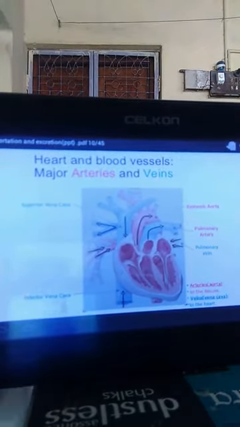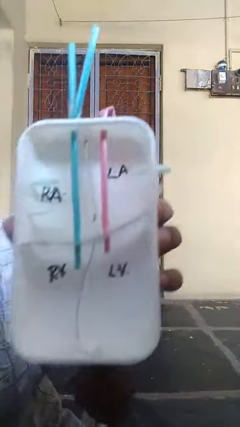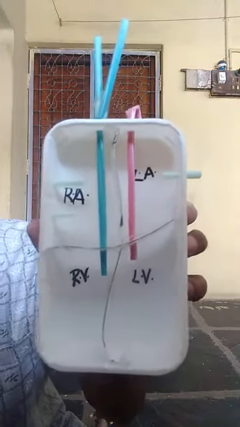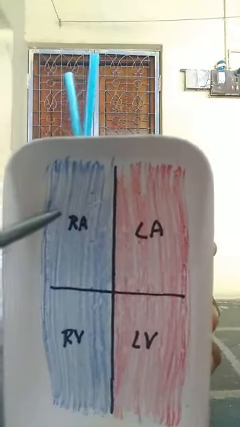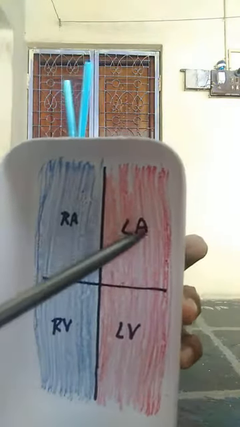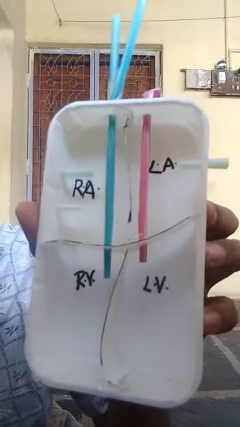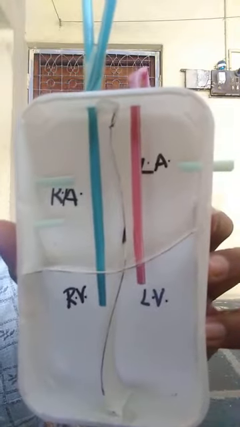I prepared a model which explains the way they are connected: the right auricle, the right ventricle, the left auricle, the left ventricle, and the five blood vessels connected to these four chambers.